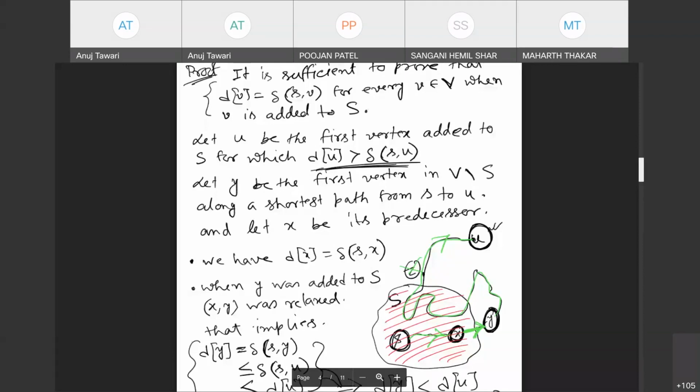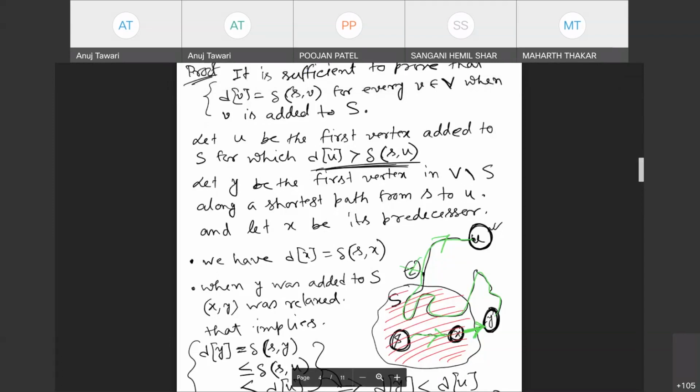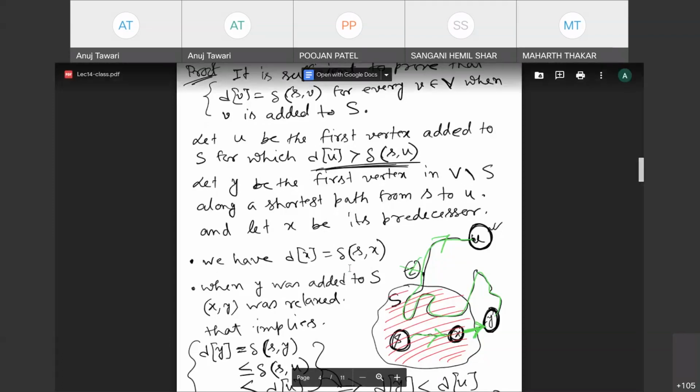And when Y was added to S, because this is just assuming by induction that for all the vertices inside S we know their shortest paths, this edge was relaxed.